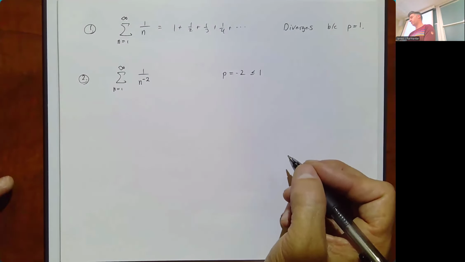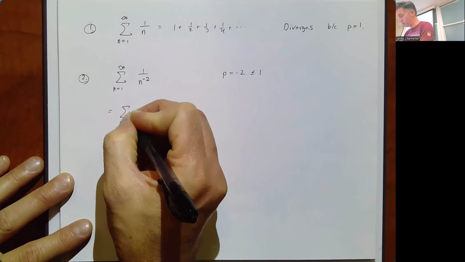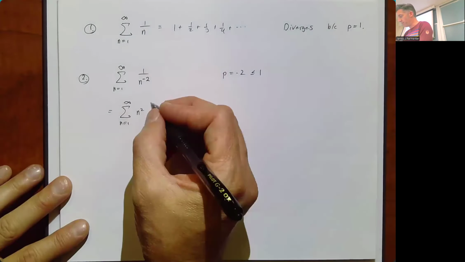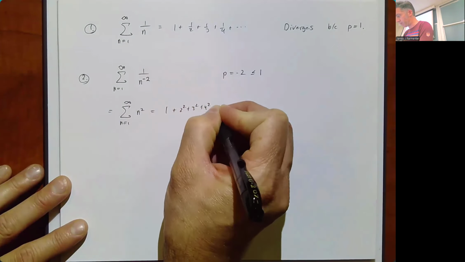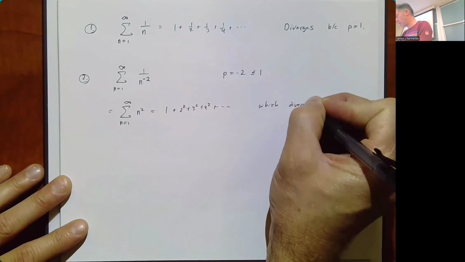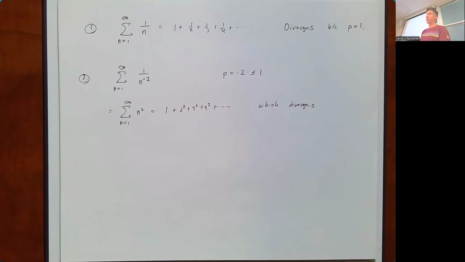Now, really, what you do is just rewrite it as the sum from n equals 1 to infinity of n squared. And then it's clearly divergent. The terms themselves are getting larger and larger. Definitely the sum is getting infinitely large. So this is 1 plus 2 squared plus 3 squared plus 4 squared, which certainly diverges. And instead of saying it diverges as a P series, you can say it diverges by the nth term test.